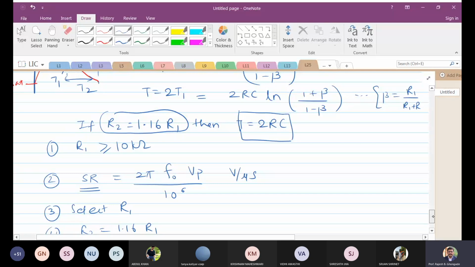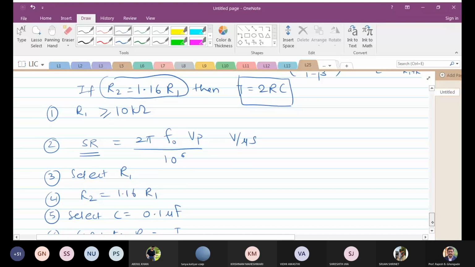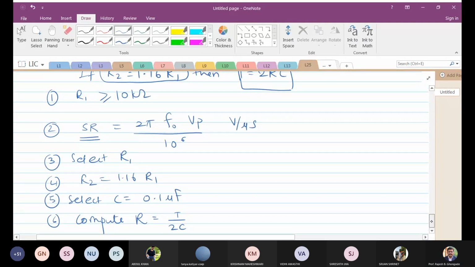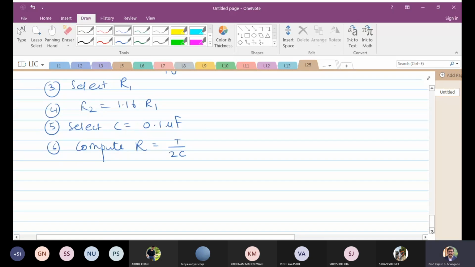T by 2C, isn't it? Yes, sir. That's it. So you'll be given the frequency of oscillation, F, from which you can find out the period T, and the design can be completed. Okay? Yes, sir. Fine.